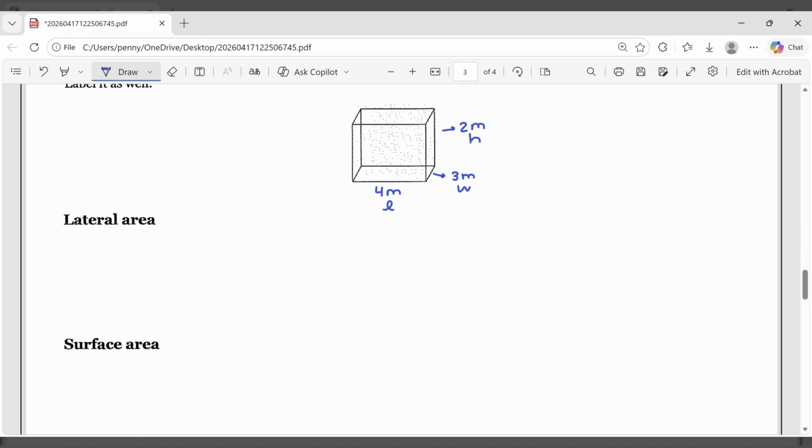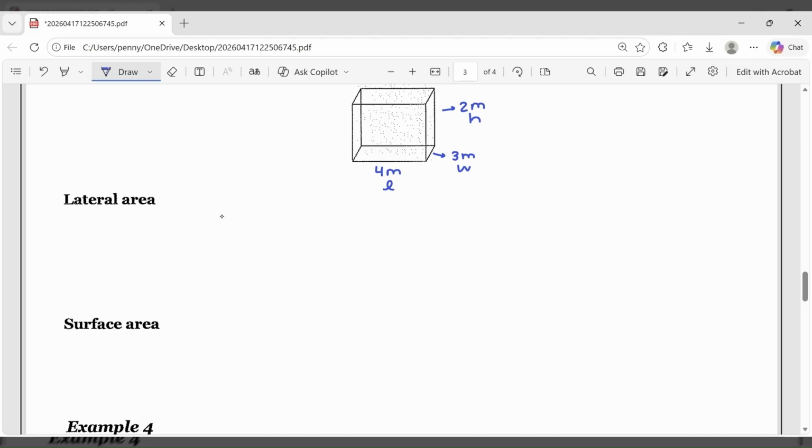All right, so lateral area says to do 2 times L plus W times height. So 2 times length of 4 plus width of 3 in parentheses times the height of 2. So 2 times 7 times 2 gives us a lateral area of 28 meters squared.